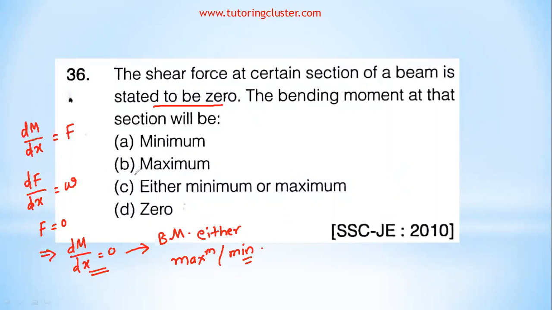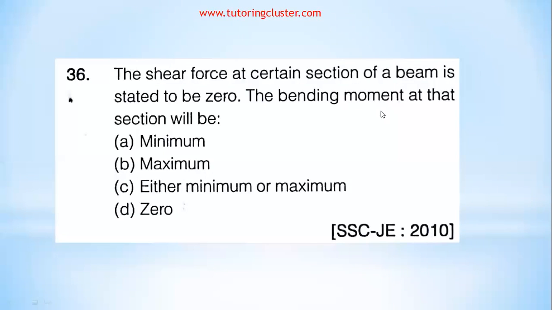Is it right? So correct answer will be C. When the derivative dy upon dx is 0, at that time y will have either maximum or minimum value. So it is a property of what? Partial derivative.